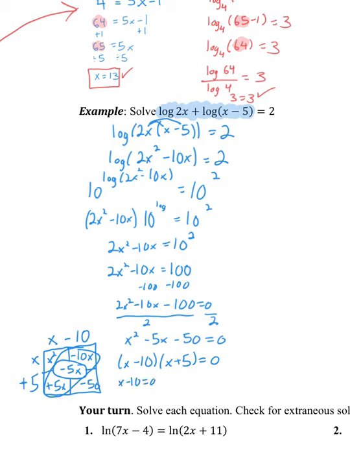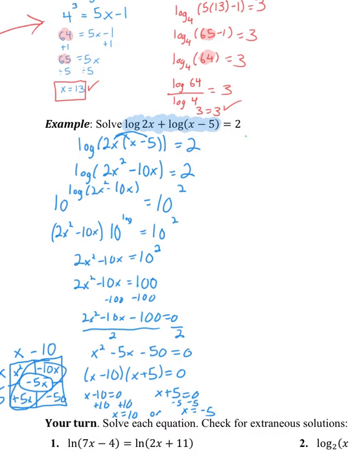Now I can use the zero product property, which says that one of these numbers has to be equal to 0 if you have two products that are multiplied together equaling 0. And we end up getting two results for x. We get x equals 10 or x equals negative 5. Those are our two possible results.